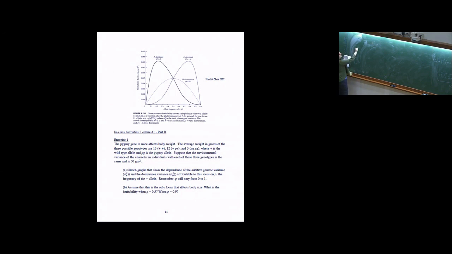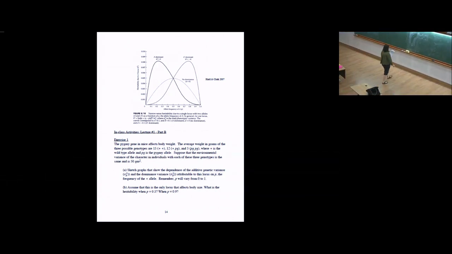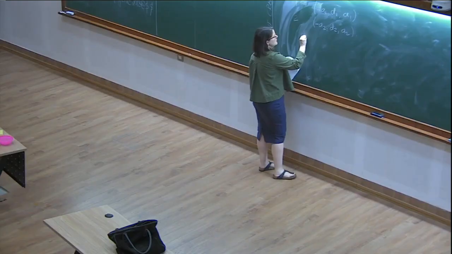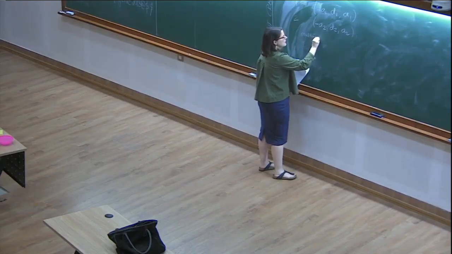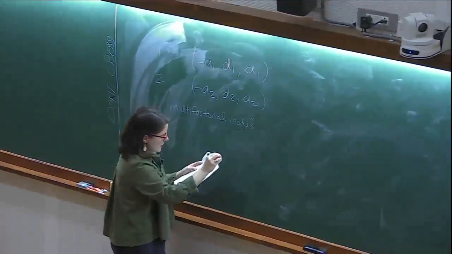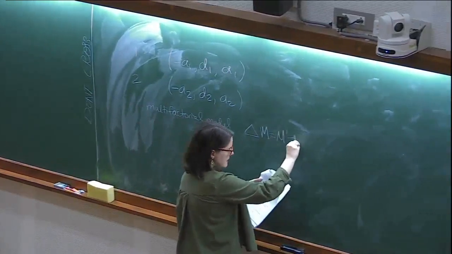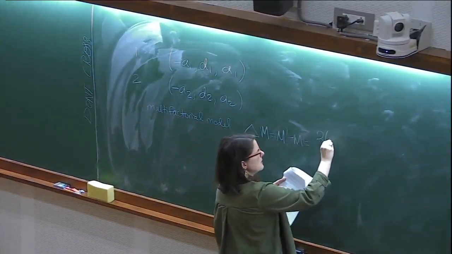And we might imagine locus 2 has deviations minus A2, D2, and A2, etc. And when we assume that the loci are generally independent, then what's sometimes called the multifactorial model, you can write that the overall change in mean for your phenotypic trait is given by this.